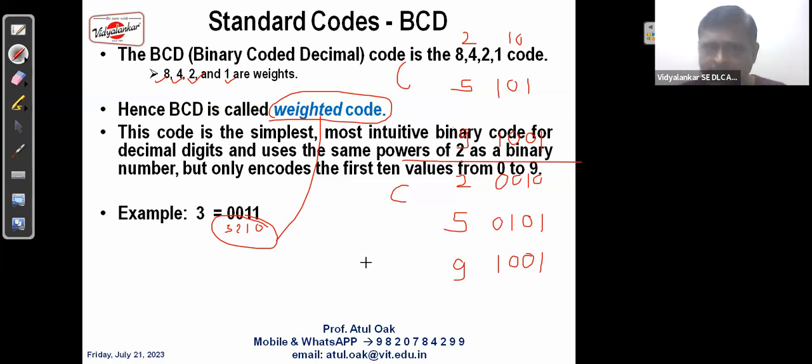Now my question is, how many digits can you represent using BCD? I repeat again, I want a quick answer in the chat box. My question is, how many digits can you represent using BCD? I repeat my question, I also share the question in the chat box. How many digits can be represented using BCD?